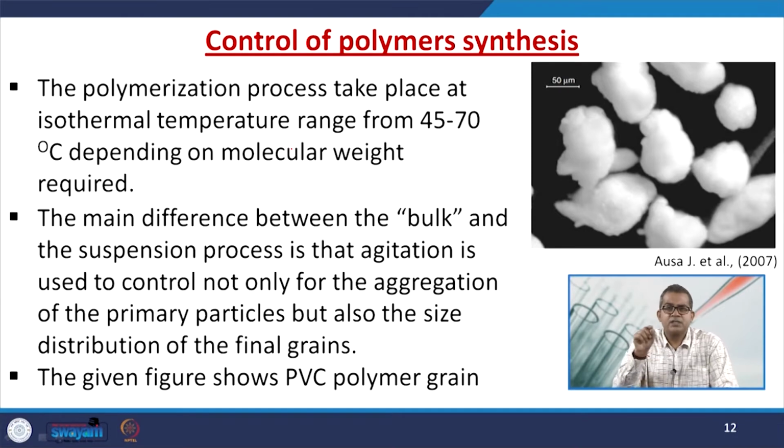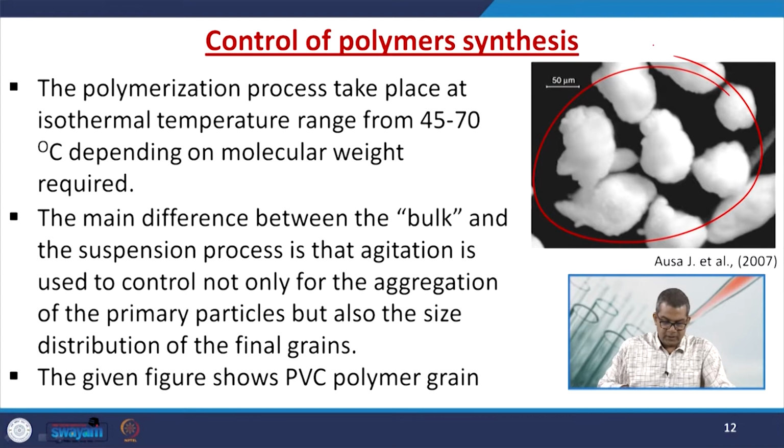The main difference between the bulk and the suspension process is that the agitation is used to control not only the aggregation of the primary particles, but also the size distribution of the final grains. Now here you can see this figure shows the PVC polymer grains. You can see the size. If you compare the polystyrene bead and this PVC polymer grain, you can see the difference in size.